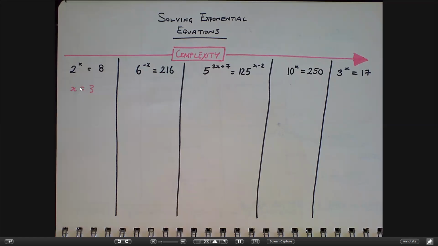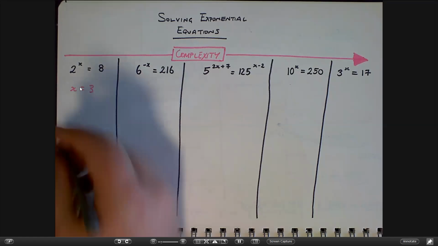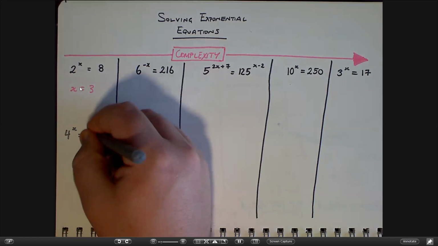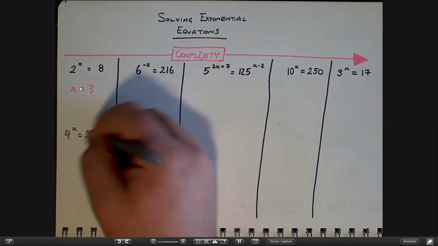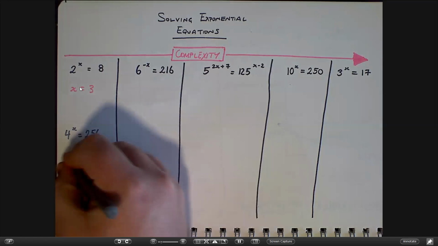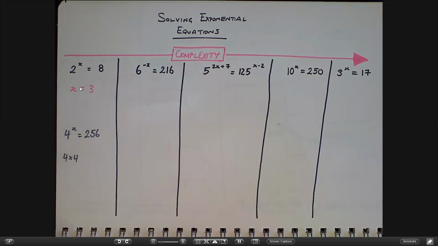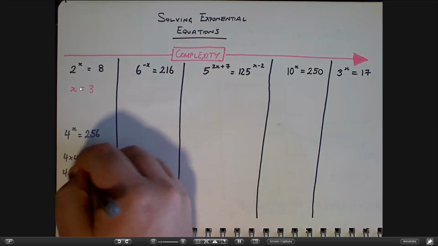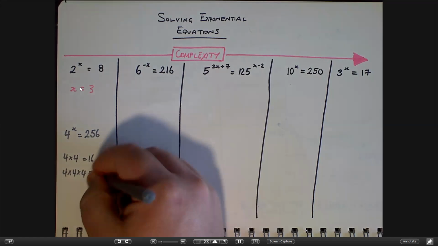Okay, those ones can come in a range of varieties. You might have 4 to the x equals 256, and I hope I've got that right. You might not know your powers of 4, but all you have to do is look at it and go, okay, 4 times 4, that's 16. And 4 times 4 times 4, that's 64.